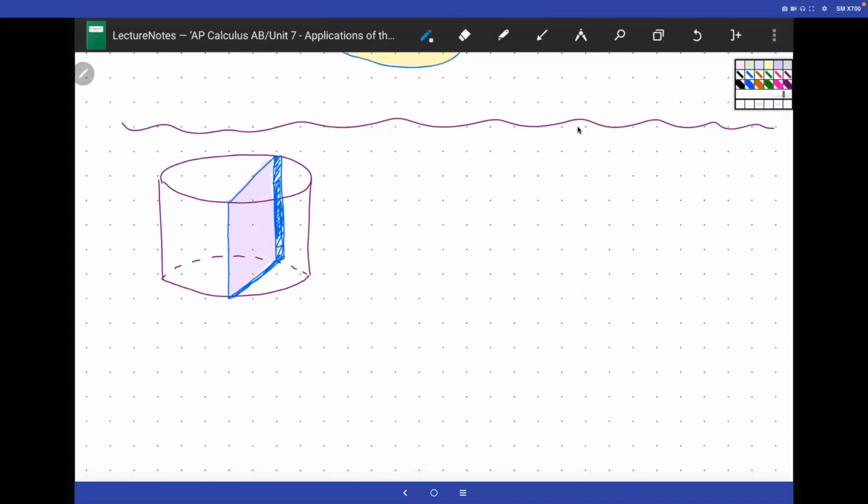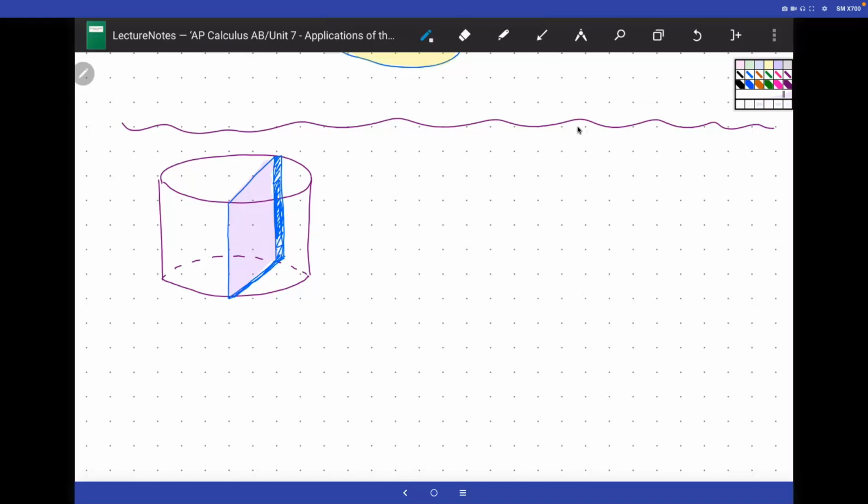And then these cross sections are all semicircles. And so it makes this kind of holistic shape here. These would be all the cross sections that we're going to cut this shape into. We're actually going to find what our first problem is. We're going to find this volume. I'm going to show you how to do it. But these represent all the cross sections here.